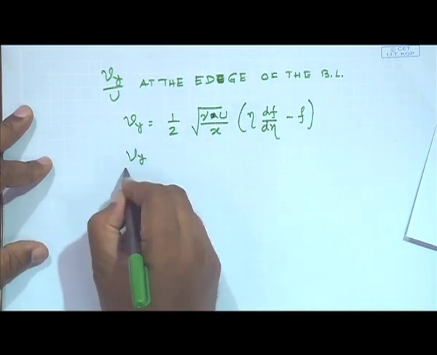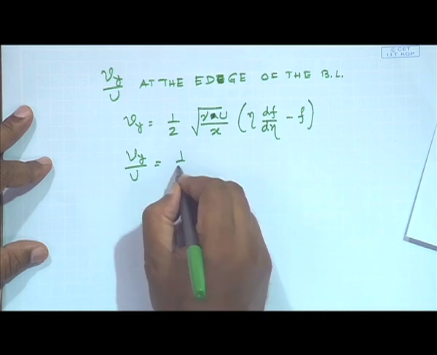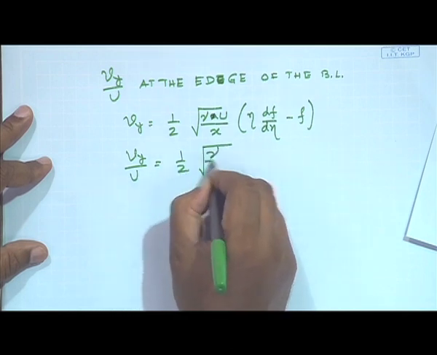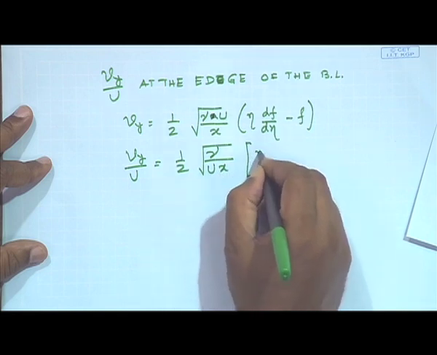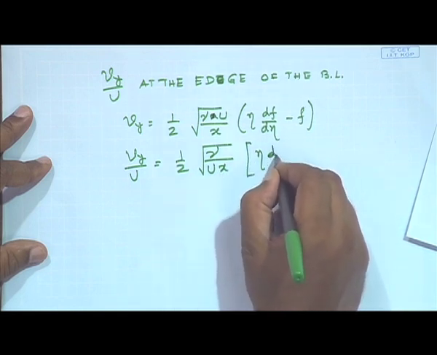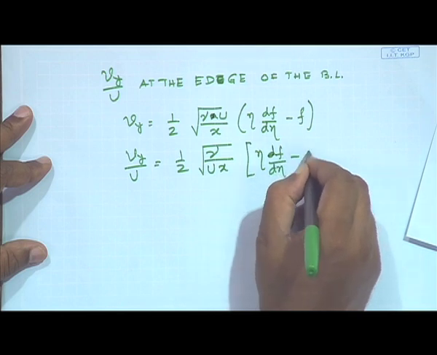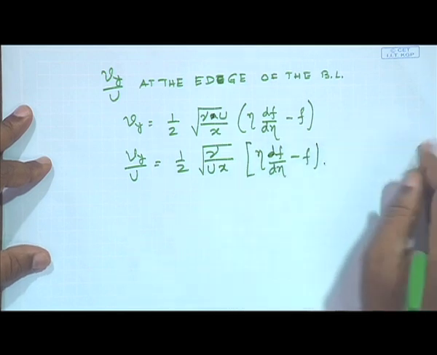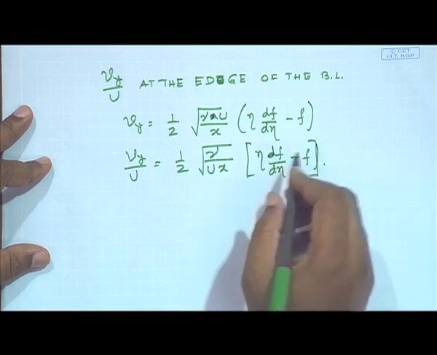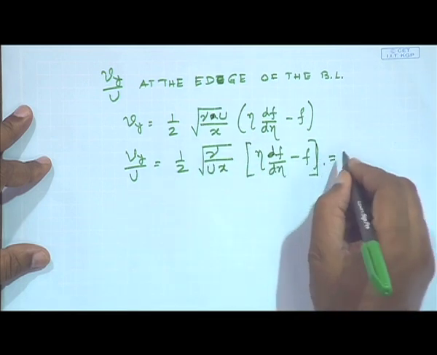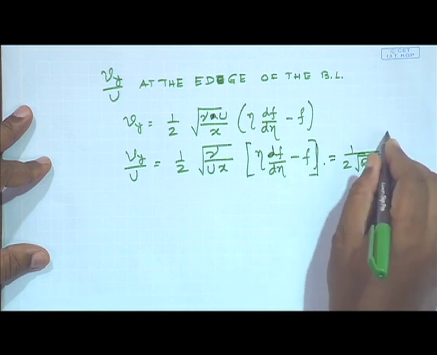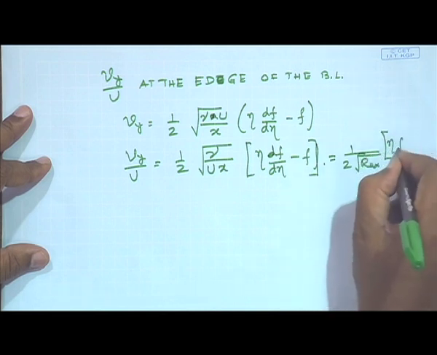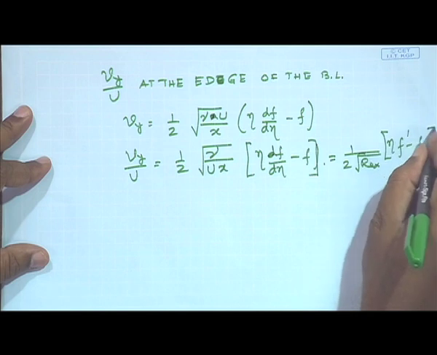So Vy by u would simply be half root of nu by u x, with the u coming over this side, and this can be expressed as 1 by 2 root over Re_x times (eta f prime minus f).